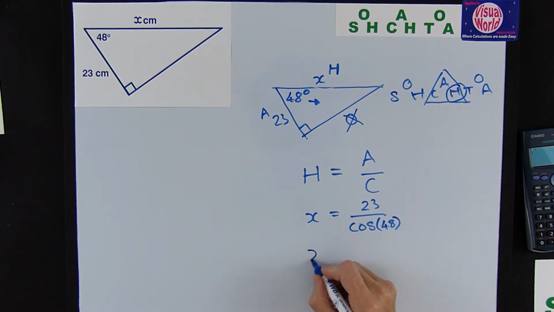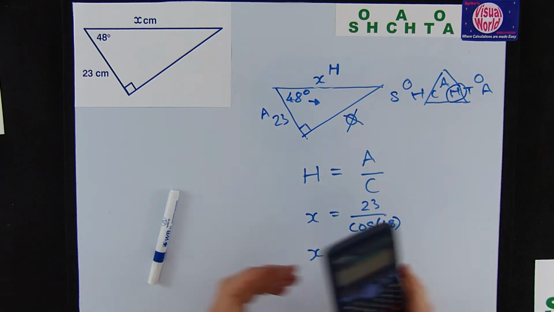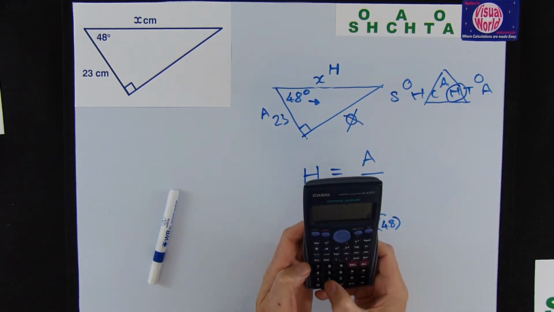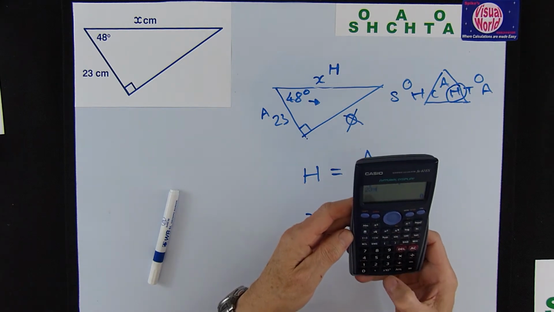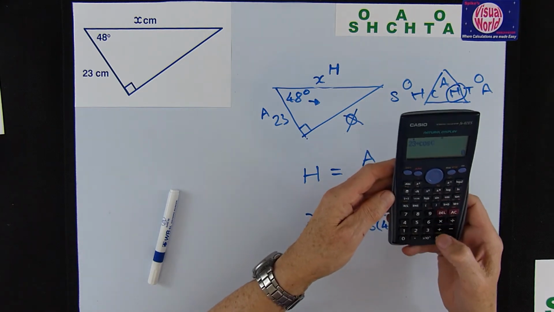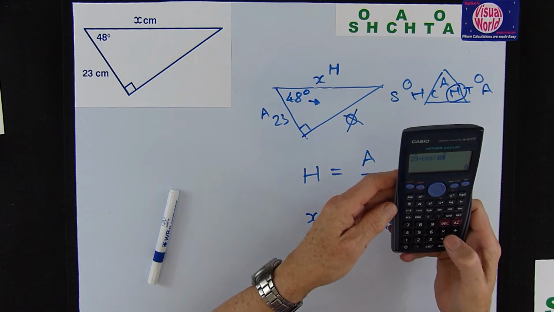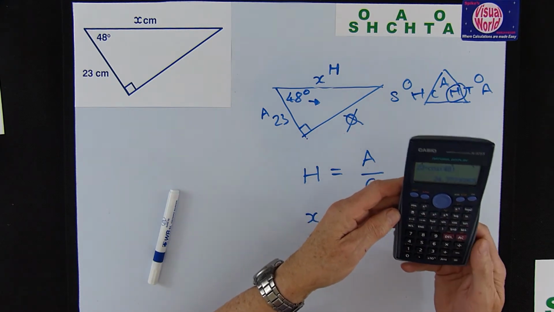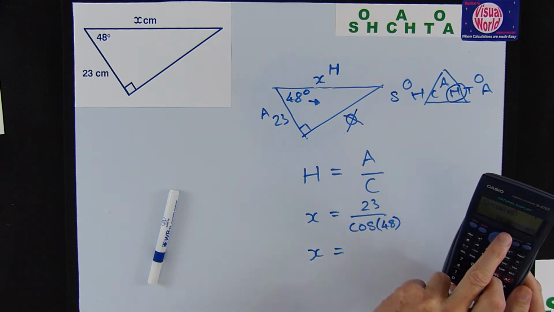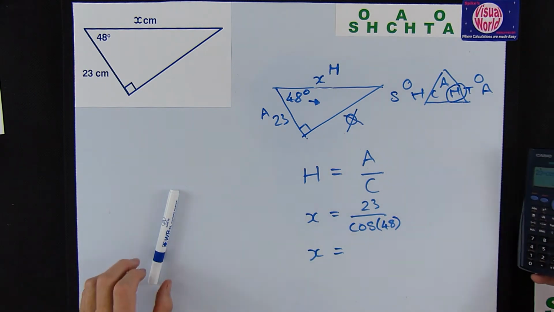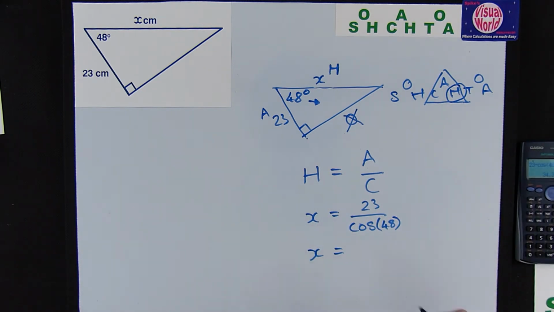So X is equal to, pressing our buttons on our calculator, 23 divided by cos, 48, close the brackets, equals, and our answer is 34.37, etc. So we'll round to one decimal place and call it 34.4.